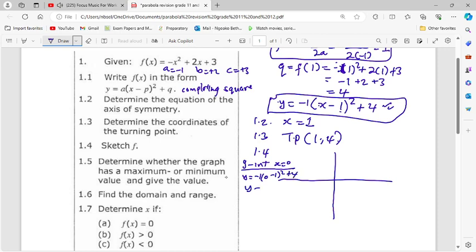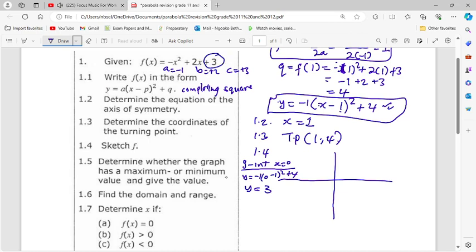So y equals, now what do we have here? We'll have positive 1 multiplied by negative 1, then it means our y-intercept here will be 3. Alright, we should have used this equation here because this is always the y-intercept.